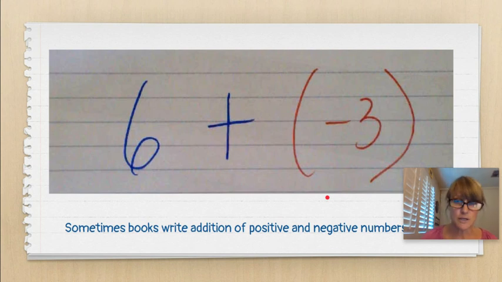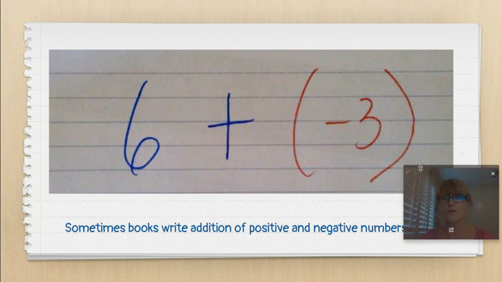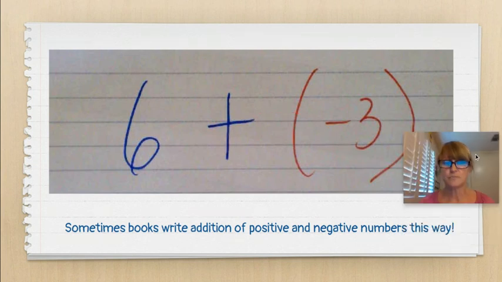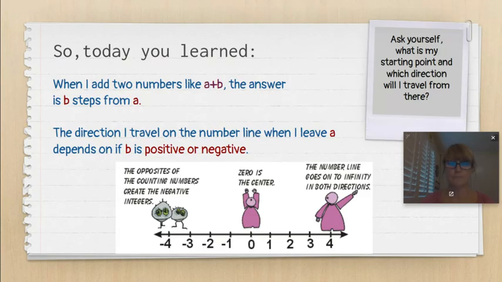So you would start at 6, and you would go backward 3, and your answer would be 3. The parentheses are just there so that you don't get confused by seeing a plus and a minus next to each other. I don't write it that way, but most books write it this way. So you need to know what that is. Okay. All right.